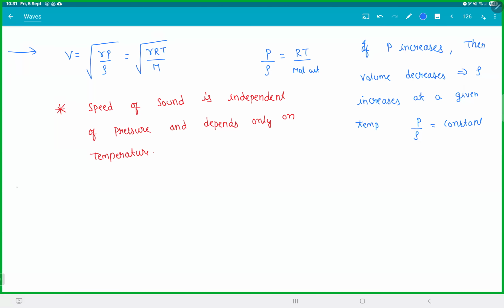Third point, what happens if you increase humidity? So again, what is humidity? You're replacing air molecules with water molecules. What is the molecular weight of air molecules? Mostly nitrogen, 28. What is the molecular weight of water molecules? 18. You're replacing heavier molecules with lighter molecules. Speed of sound increases. Think of it like this: in an extreme case, you put so much water, air becomes water. Sound travels faster in liquids.